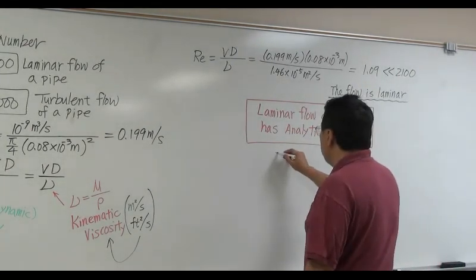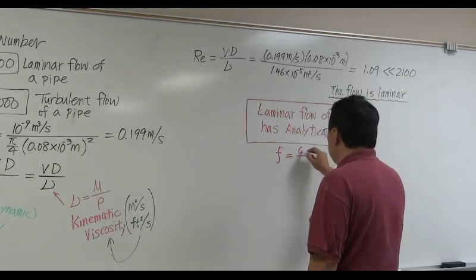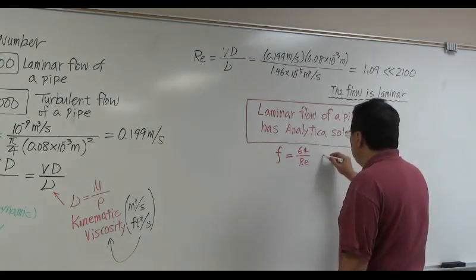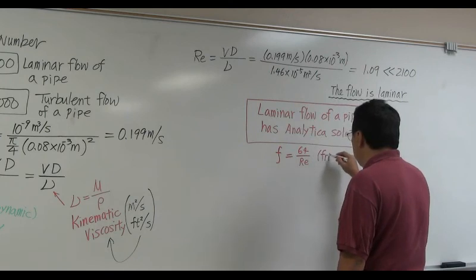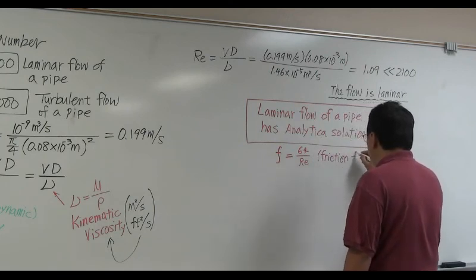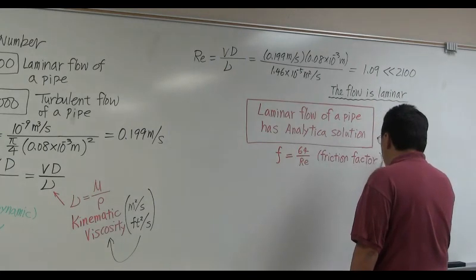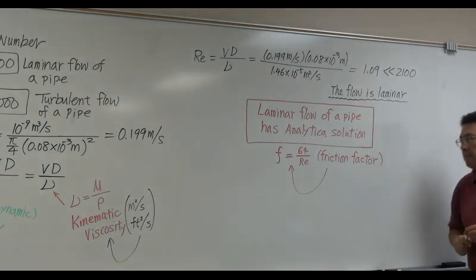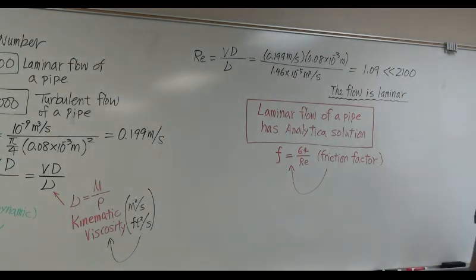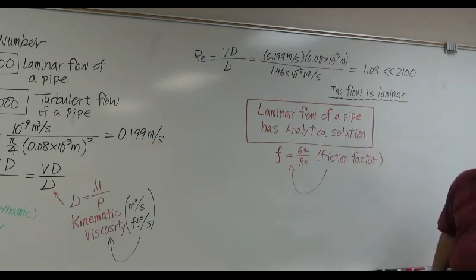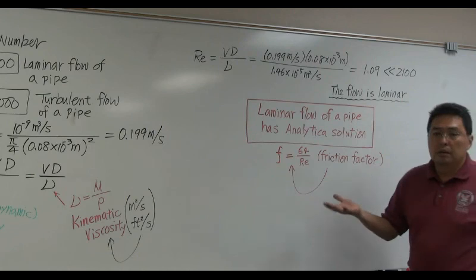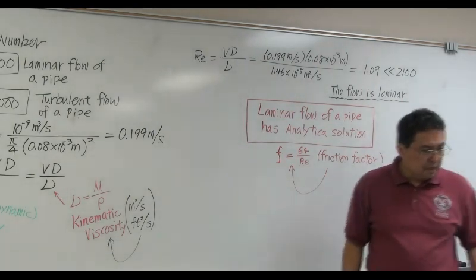And also, if the flow is laminar, this is something called friction factor of a pipe. Friction factor of the pipe depends only on the Reynolds number. So you can calculate pipe flow, especially laminar flow, fairly easily. So we are going to probably take a look at the laminar flow solution first in the pipe, and then we are going to move on to the turbulent flow. Okay? Let's stop here.